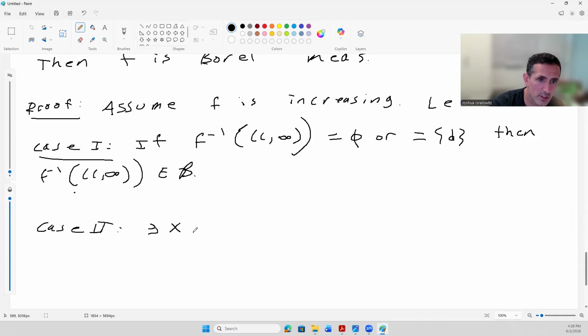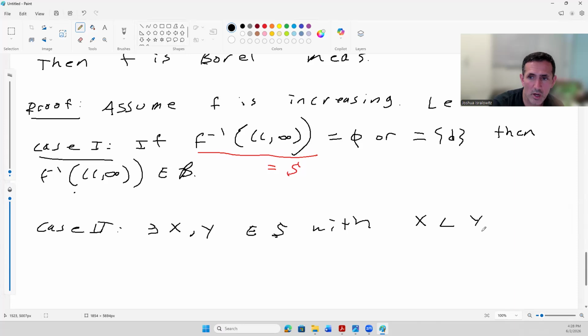Take two points x, y in this set; let's say this is S. Give it a name. Without loss of generality, let's say x is less than y.